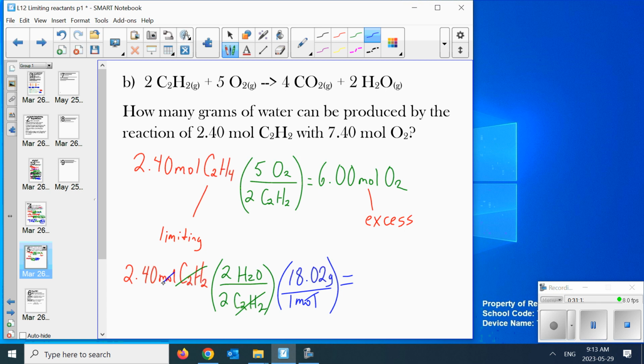By the way, 2 over 2 is just 1, so I don't have to enter it in my calculator, but you can put times 2 above it. 2.4 times 18.02 is 43.248, which rounds to 43.2.